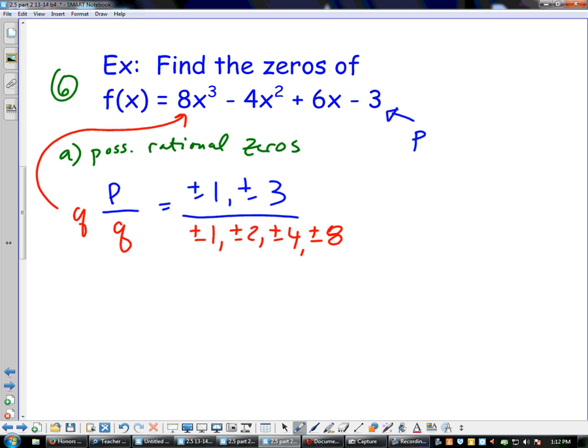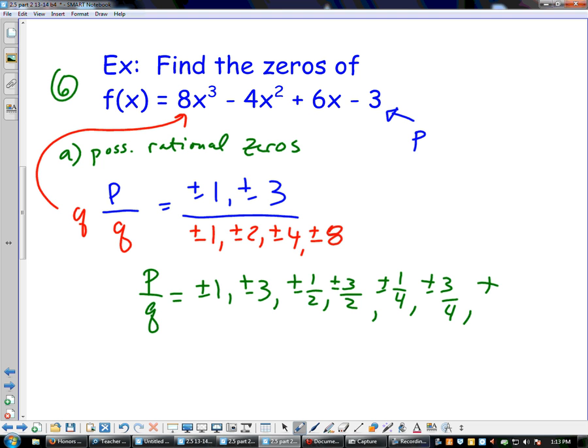So when we list our P over Q values, that's going to be 1 over 1, 3 over 1, 1 over 2, 3 over 2, 1 over 4, 3 over 4, and 1 over 8, and 3 over 8.